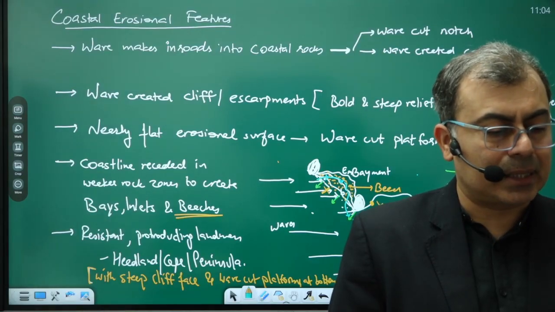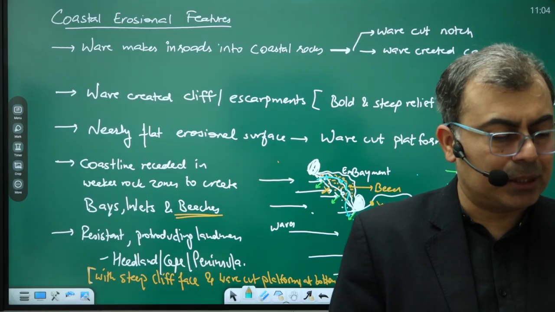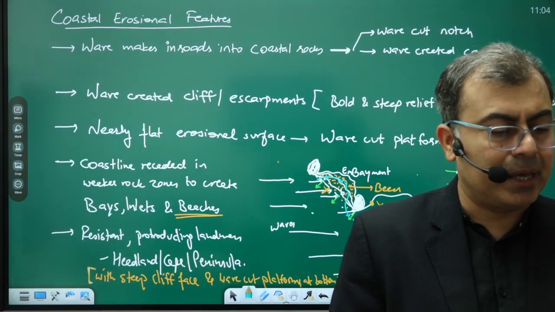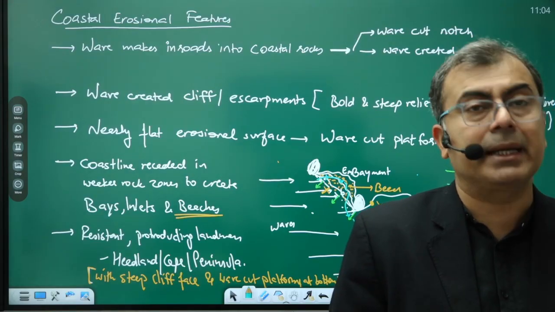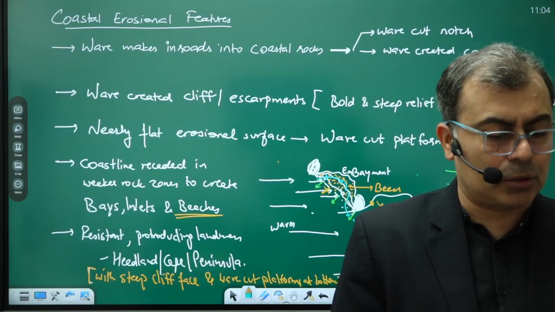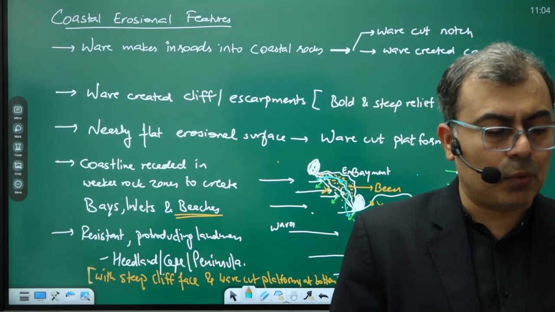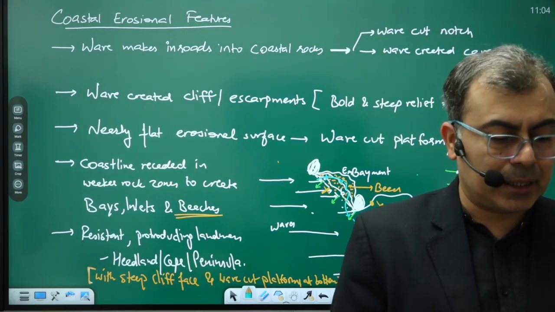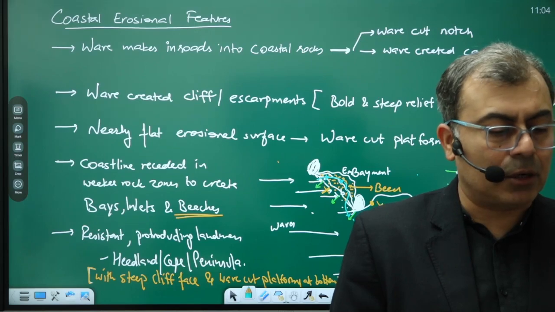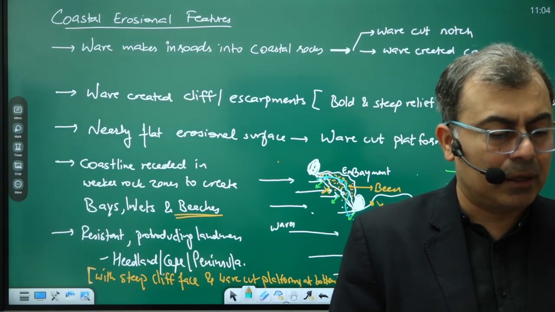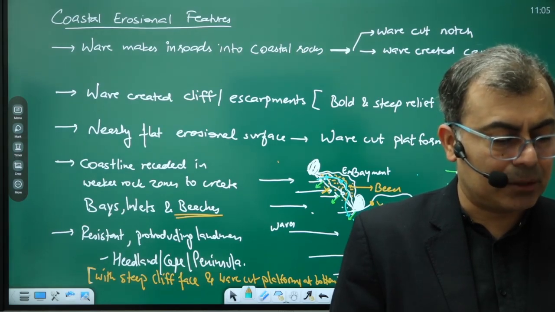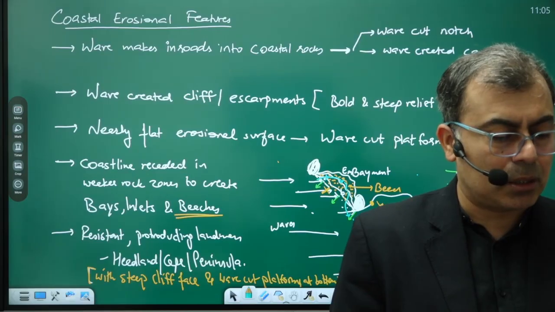And when this is happening, the waves will generate some bays, embayment will happen, indentations on the coast will also happen. One is the rock will be broken by a notch and a cave, but progressively the coastline will also have such bends, and those are called inlets or bays.